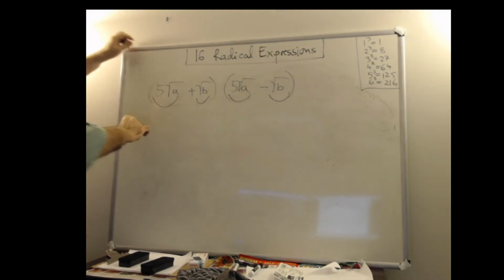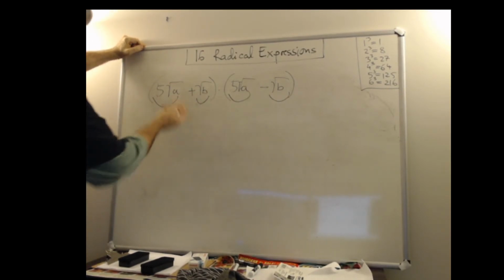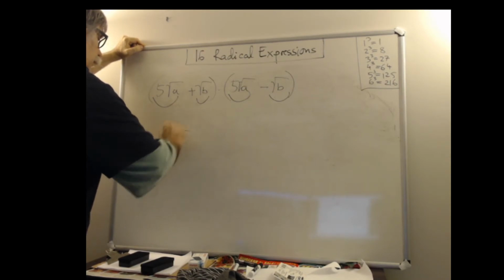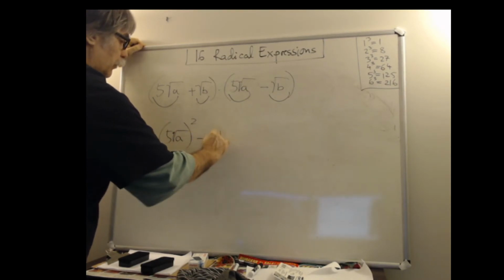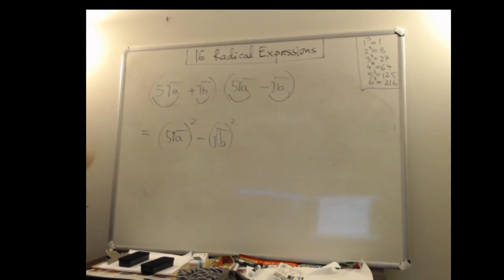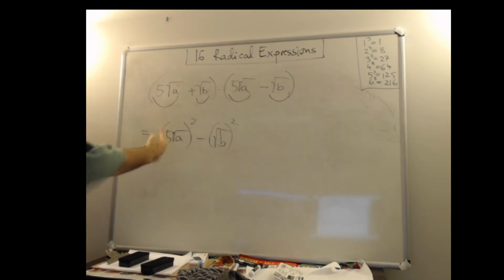So we know that this is a special product form. How is that going to work out? It's going to be the first number squared minus the second number squared. So if you can recognize the form, you spare yourself from excessive multiplication.